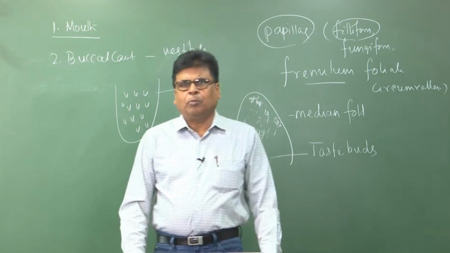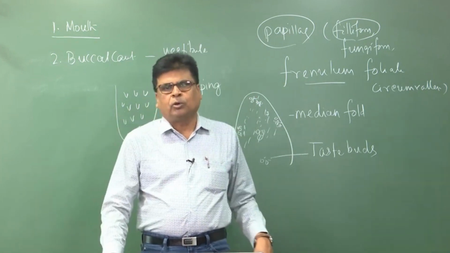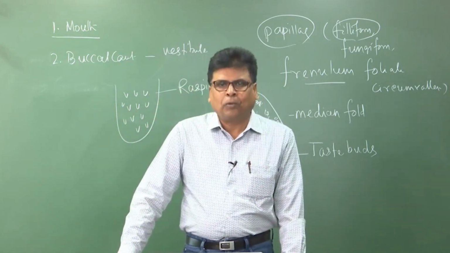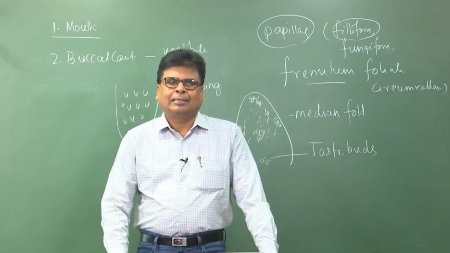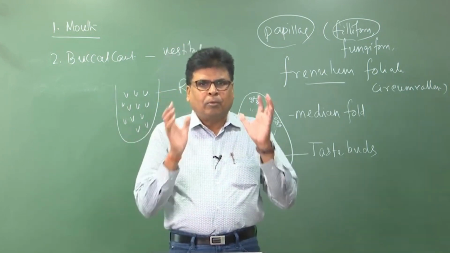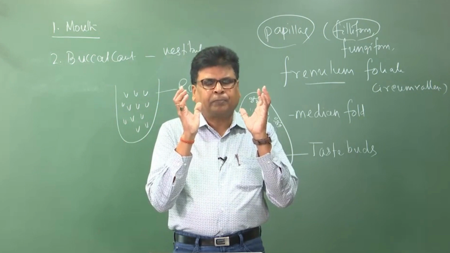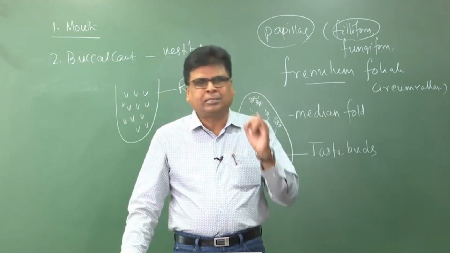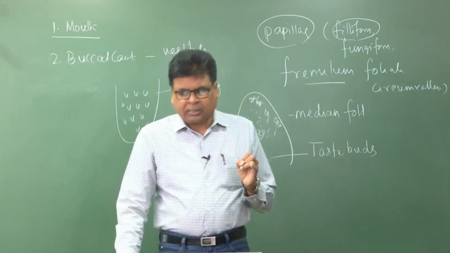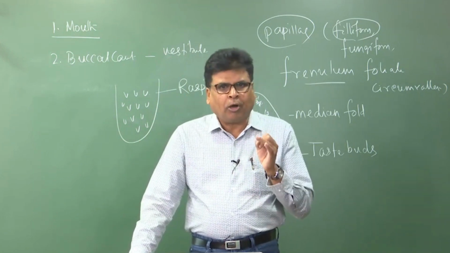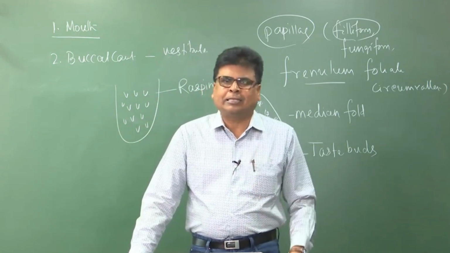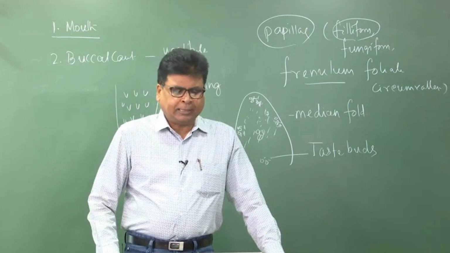So now the most important structure present within the buccal cavity is the third one, that is the teeth. That means the derivatives of the buccal cavity are, the first one, the oral glands, the second one, the tongue, and the third one, the most important part, the teeth.